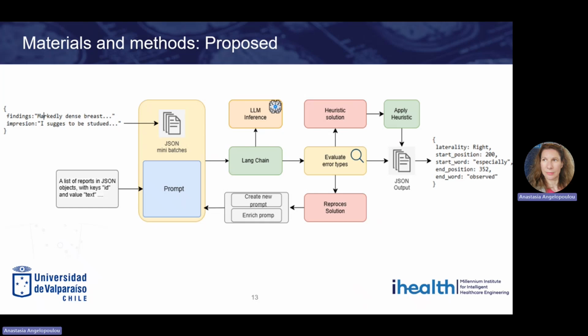Why a heuristic solution? Because it's cheaper to repair this using a typical human task. In the other case, we need to reprocess the output and create a new prompt or enrich the first prompt. The output of this model is the laterality label and the position of the initial and end of the sentence.